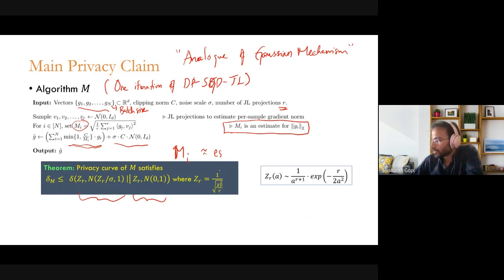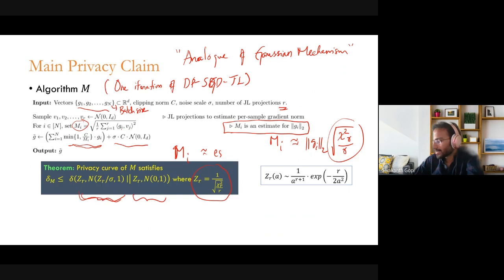In our case, it will be 1 over chi square R, because each Mi, the distribution will look like the actual norm of Gi times the square root of chi square R by R. This is something we've seen before. So when we divide by Mi, this is the random variable we get, the inverse of this thing. It's a random variable with a very long tail, but let's ignore that for now.